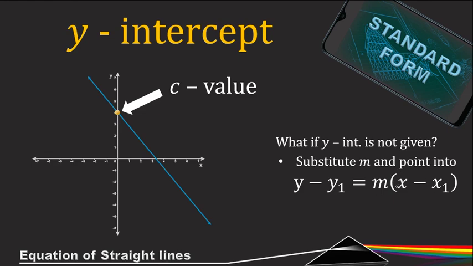If we just take the x minus x1 and we place it underneath the change of y, this is basically also the gradient formula. And what's nice about this formula is after you substitute in the gradient and also the point, you can just simplify it and it works out immediately towards the equation of your straight line.